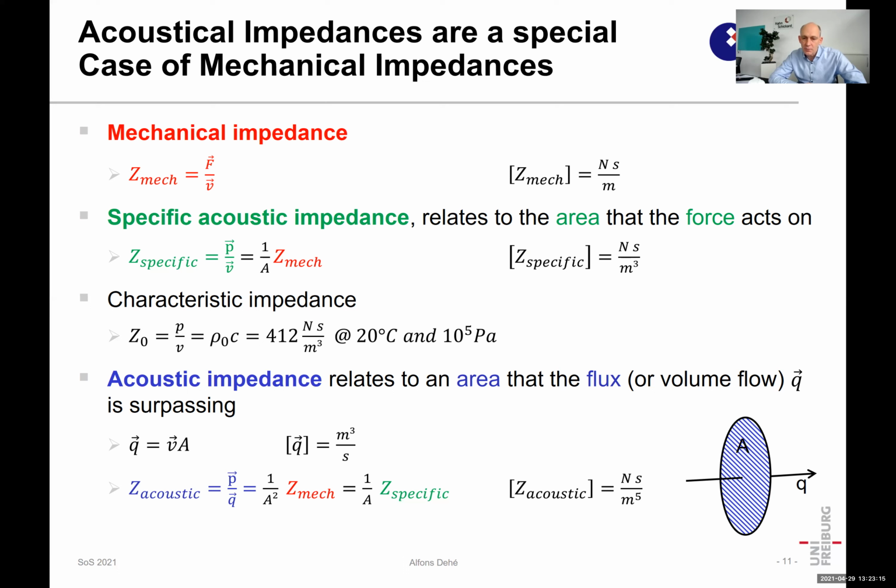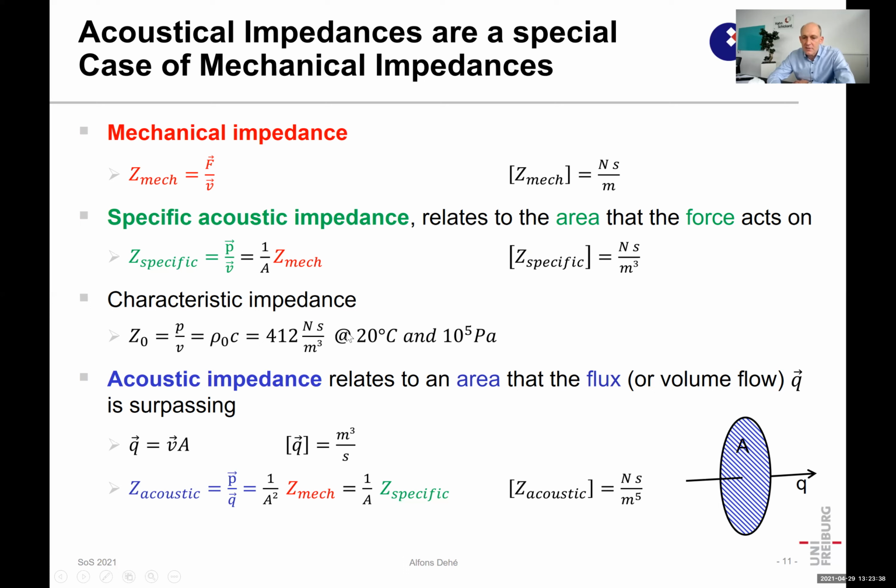If you have pressure or something, maybe you want to use this, and then we end up with Newton seconds per meters cubed. And also the characteristic impedance that we had in the last lecture as well for air, and we discussed it also for fluidics and solids, is defined as pressure over velocity, or the density of air at normal conditions times the velocity of sound in air at normal conditions.